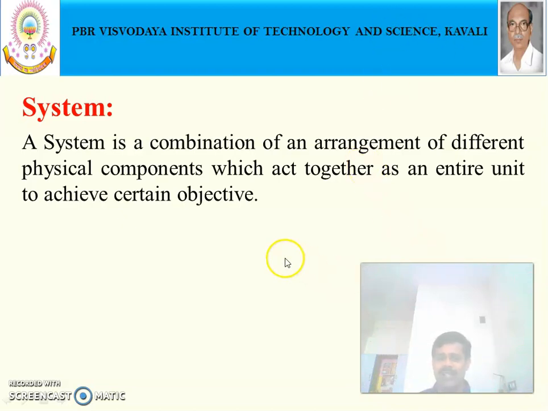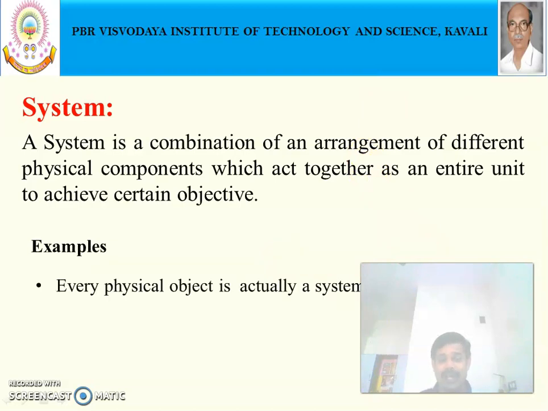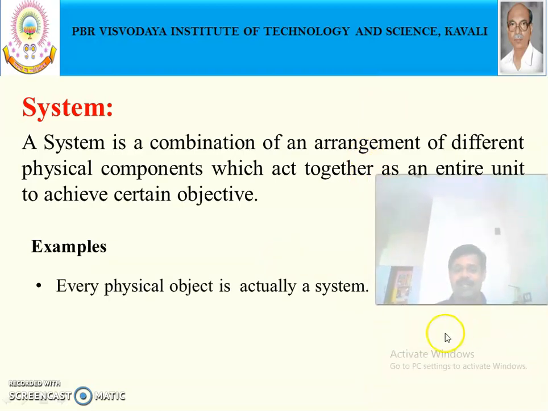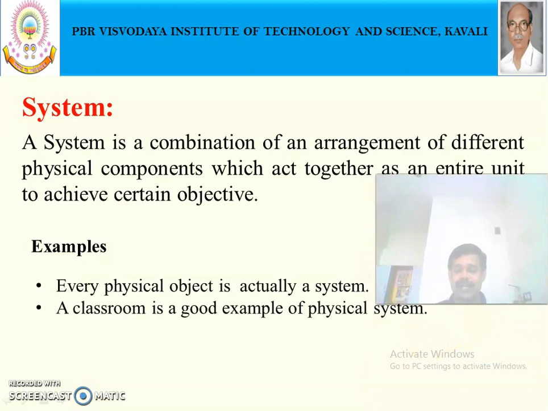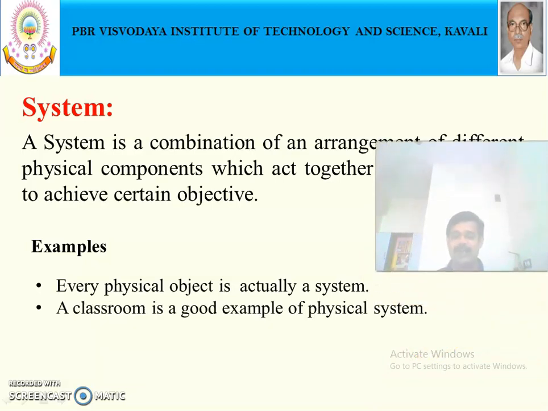All the physical objects we can consider as a system. For example, we can take classroom as a system. In the classroom, what are the things we are having? We are having tube lights, fan, blackboards, duster, chalk piece.